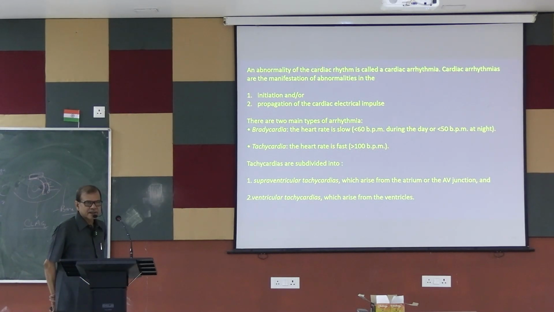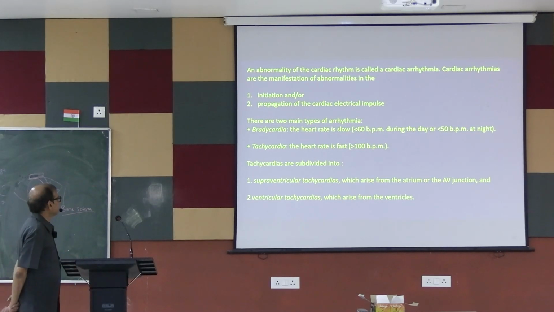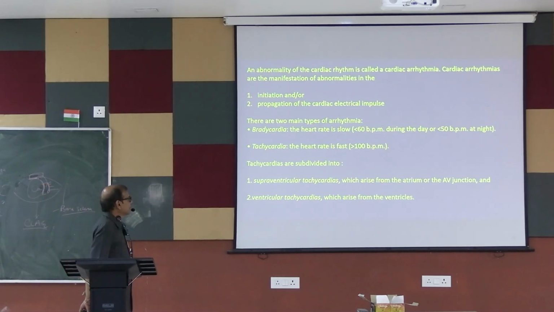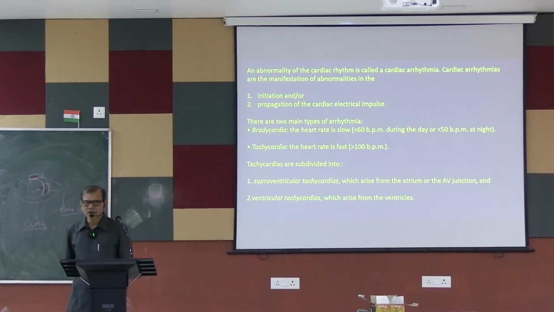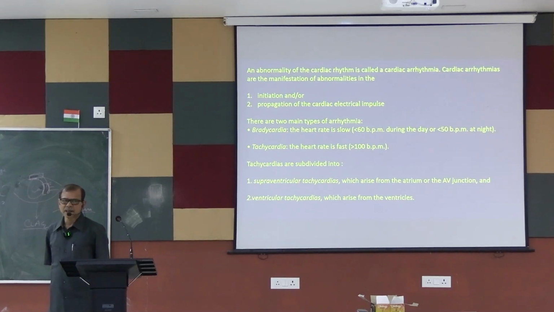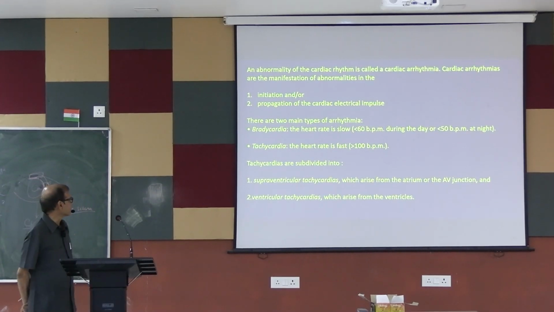Now the definition of cardiac arrhythmia: an abnormality in the cardiac rhythm is known as arrhythmia. Cardiac arrhythmia may result from initiation or generation of the electrical impulse and or propagation of the electrical impulse through the conduction system.